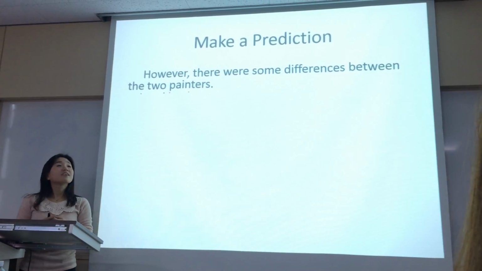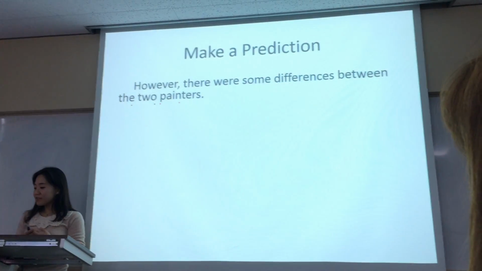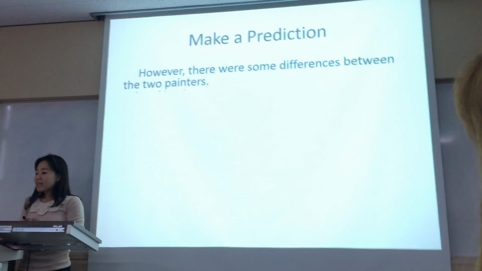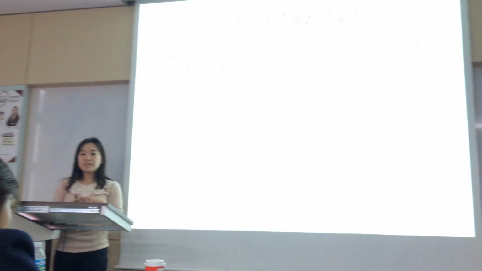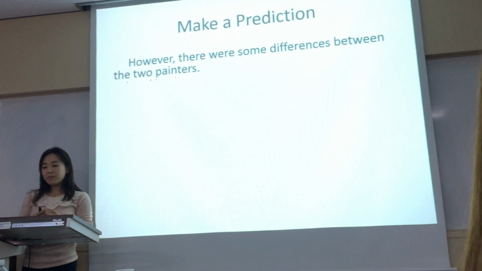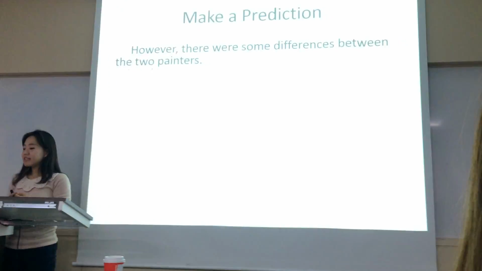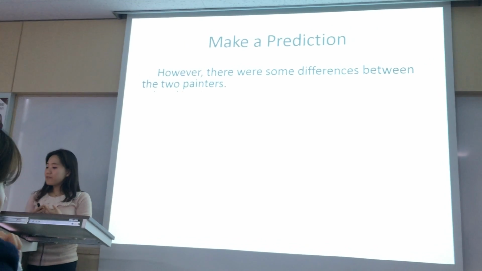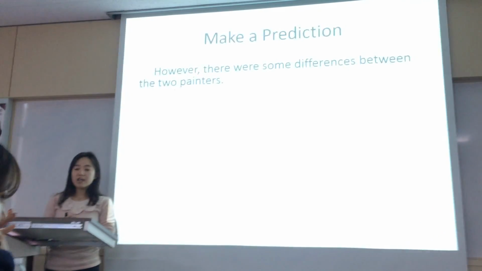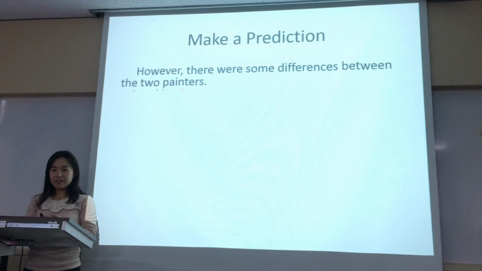Jian? You did a very close guess. Jian said the painting styles of the two painters are different. Where did you get that information from? Right. The first sentence said there are some differences between the two painters. So since they are painters, their painting styles might be different.